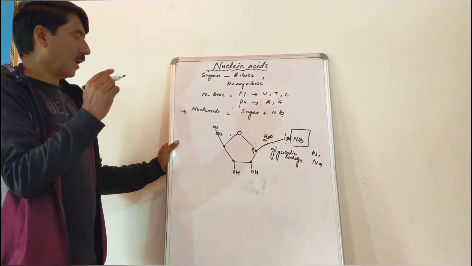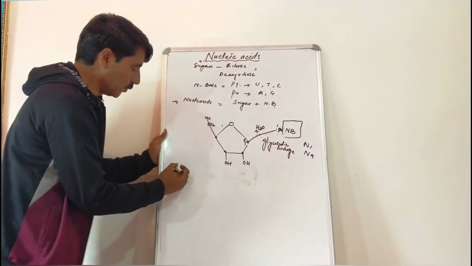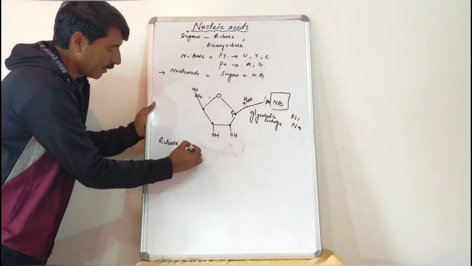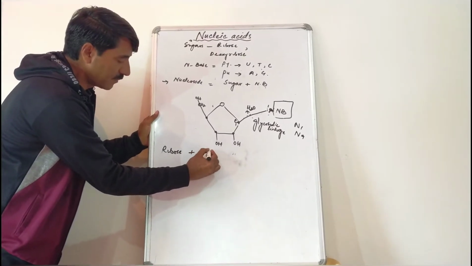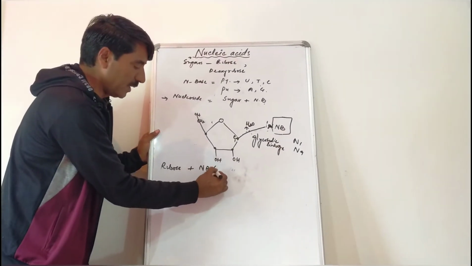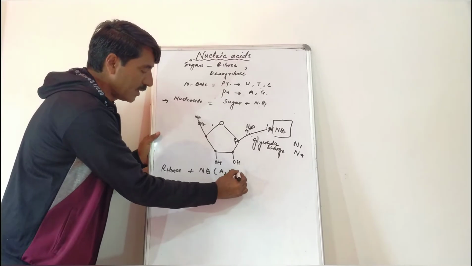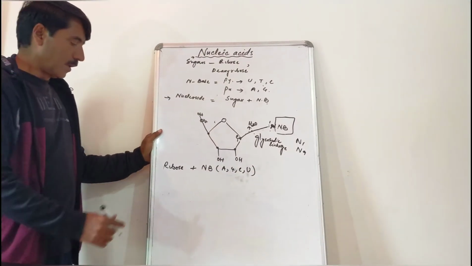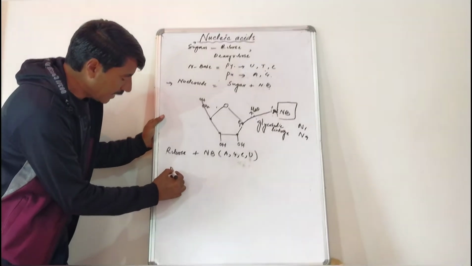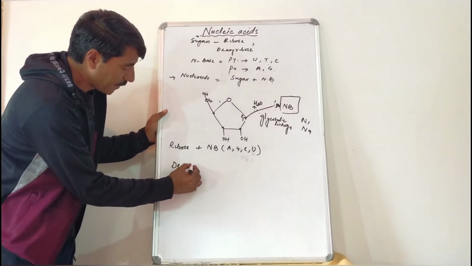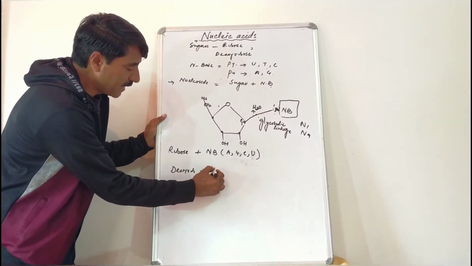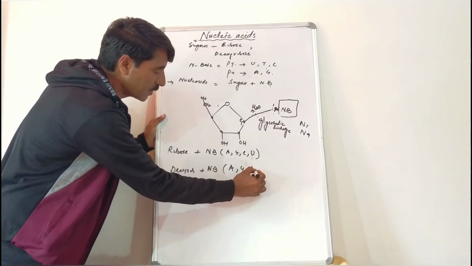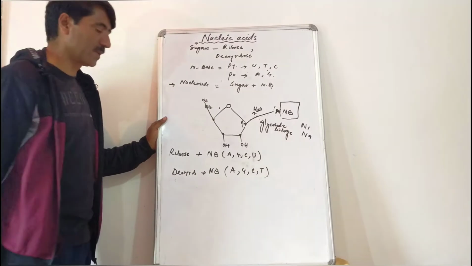Now here, if the sugar is ribose and any nitrogenous base, the nitrogenous bases could be here adenine, guanine, cytosine and uracil, not the thymine. And then if the sugar is deoxyribose, the nitrogenous bases which can combine with it are adenine, guanine, cytosine and thymine, not the uracil.